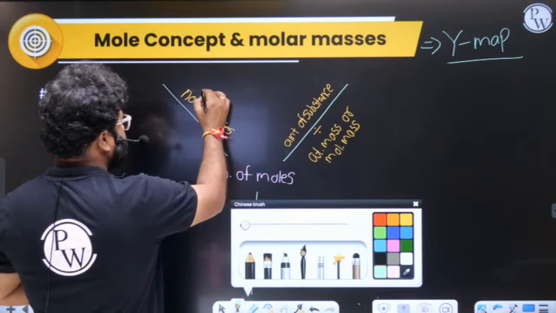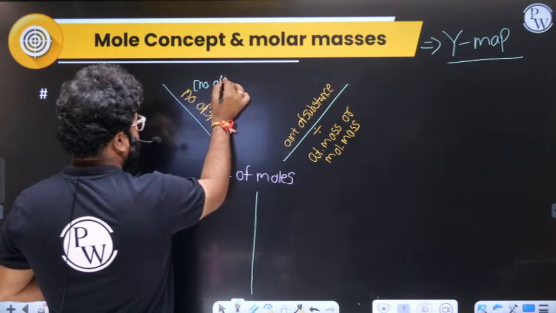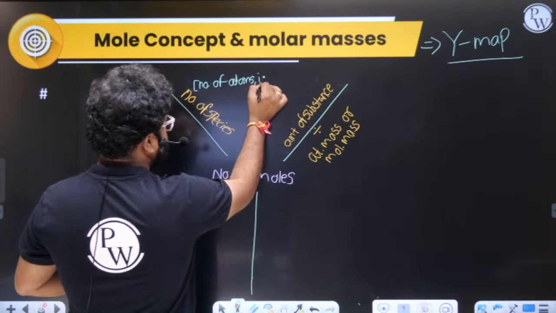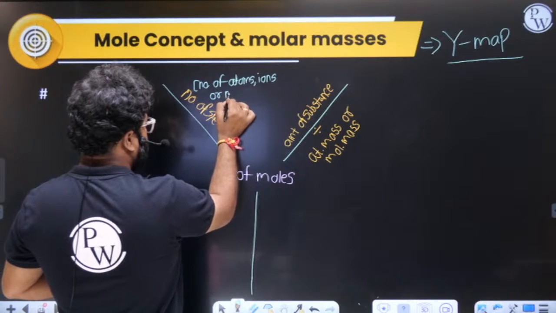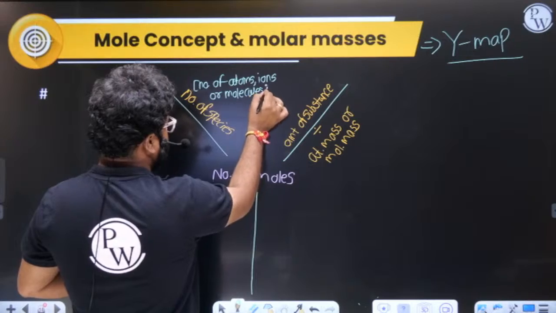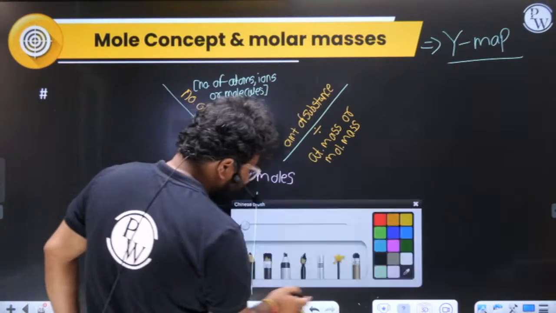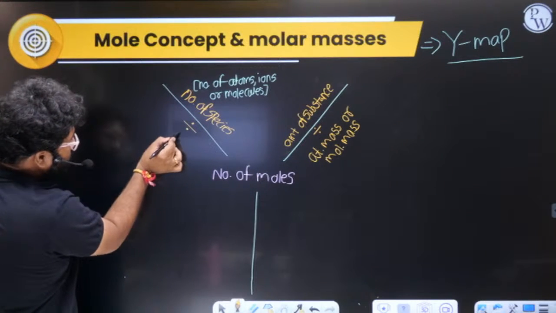So, number of species, that is number of atoms, ions, or molecules, is divided by Na.